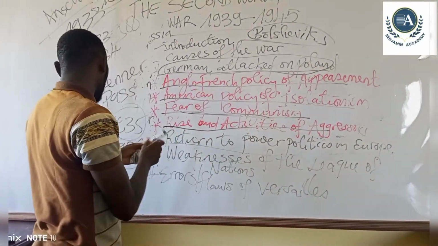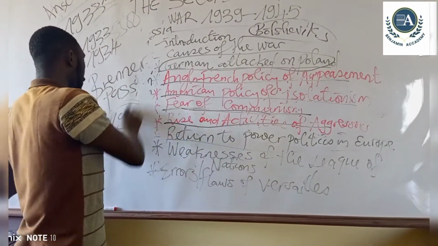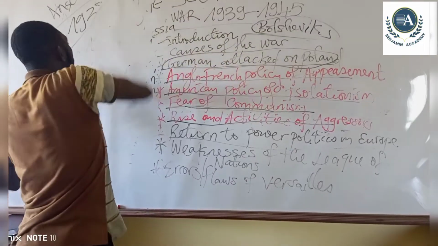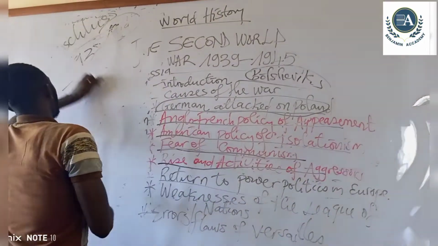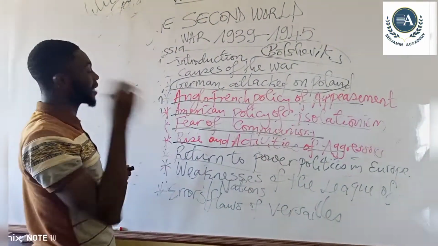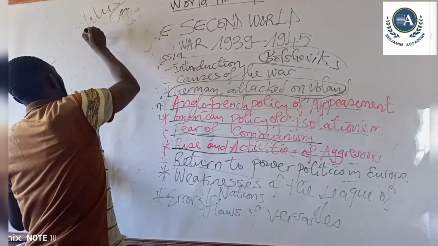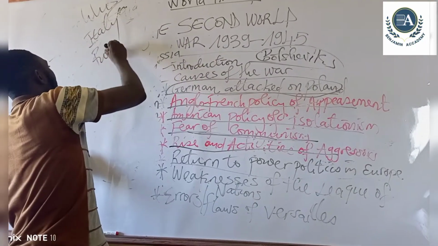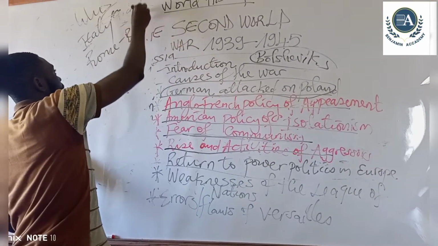Another reason for the outbreak of the Second World War was the formation of alliances, or what we call power politics in Europe. By 1936, alliances again returned back in Europe. These alliances started in 1936 when Germany met Italy and they formed what we call the Rome-Berlin Axis in 1936.